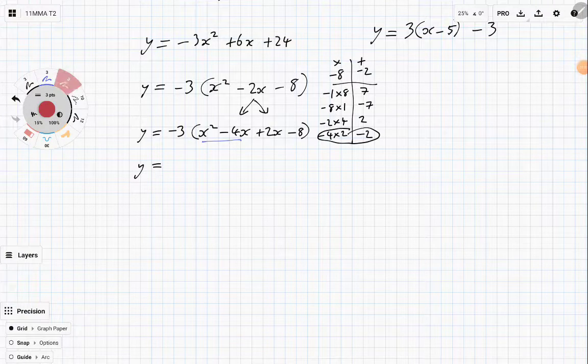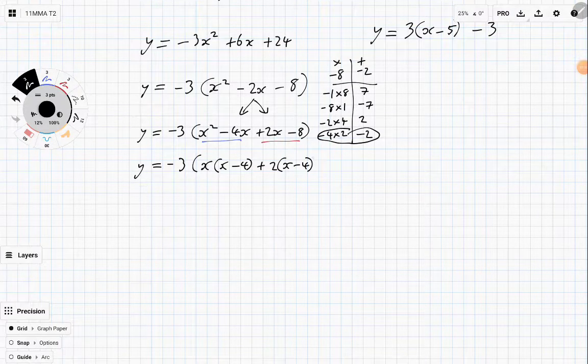So factorize these two together, factorize these two together. x minus 4, 2x minus 4. Oh, common factor of x minus 4, leftovers of x plus 2. And my factorized form is minus 3 times x minus 4 times x plus 2. And there we go, all finished.